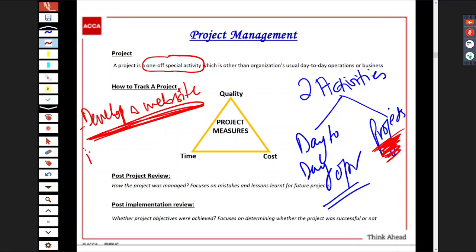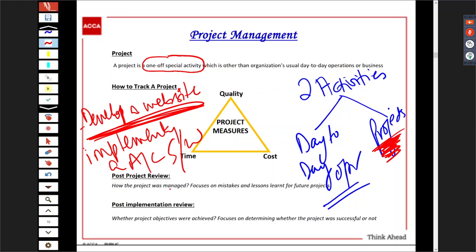Another example, implementing accounting software. I'm replacing my current accounting software, which is very outdated, with SAP or Oracle Financials or any other good accounting software. So implementing accounting software, does it sound like a project?